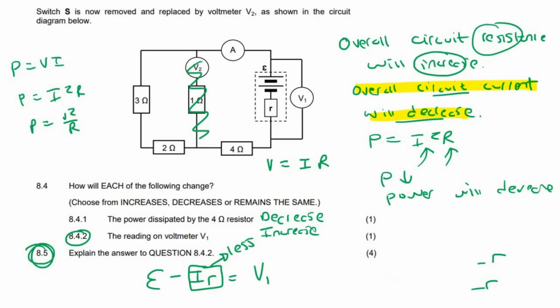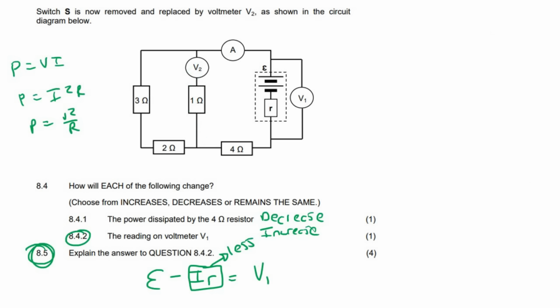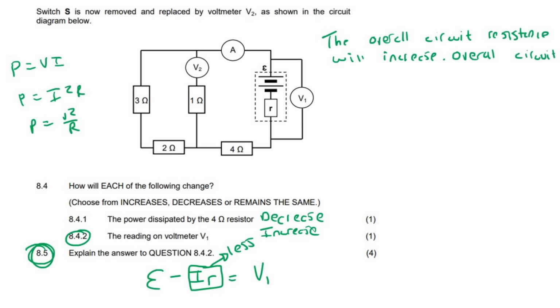Now let's explain it, because they want us to explain it for 4 marks. So what we can say is the overall circuit resistance will increase. Overall circuit current will decrease. Then we can show them this formula.